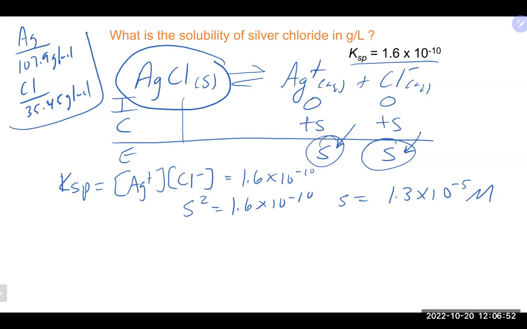This S that you get here is the same solubility of the whole thing, because if you go backwards, it's a 1-to-1 going backwards from the silver, or 1-to-1 going backwards from a chloride.